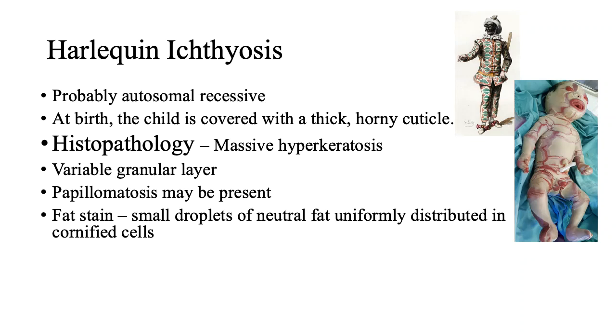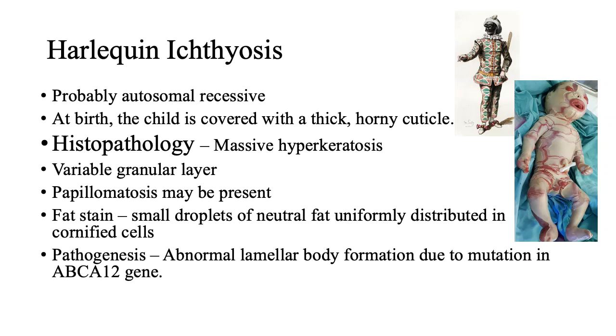The presence of granular layer is variable, but with fat stain, small droplets of neutral fats uniformly distributed in cornified cells are seen. Here, mutation in ABCA12 gene causes formation of abnormal lamellar bodies.